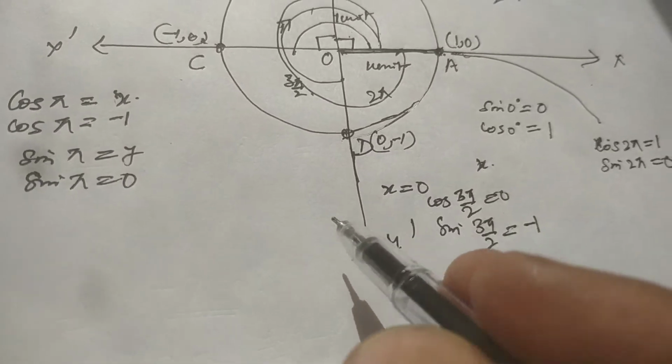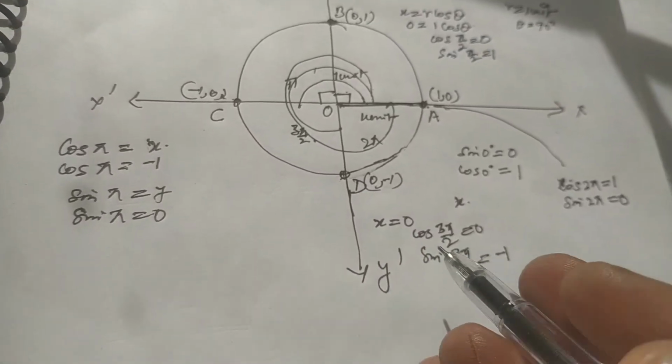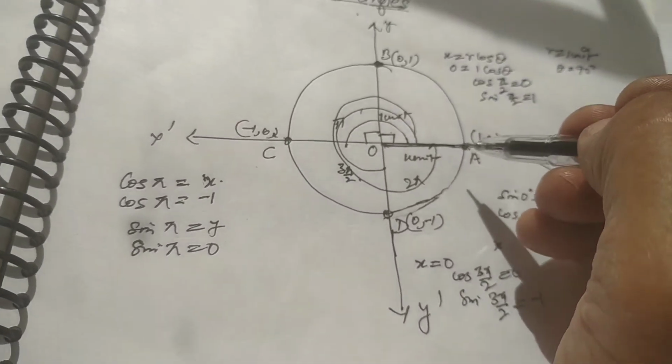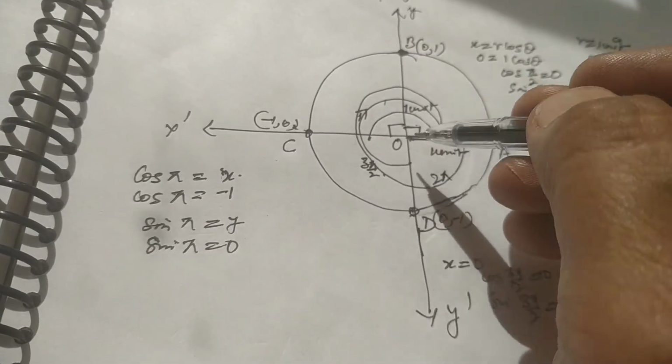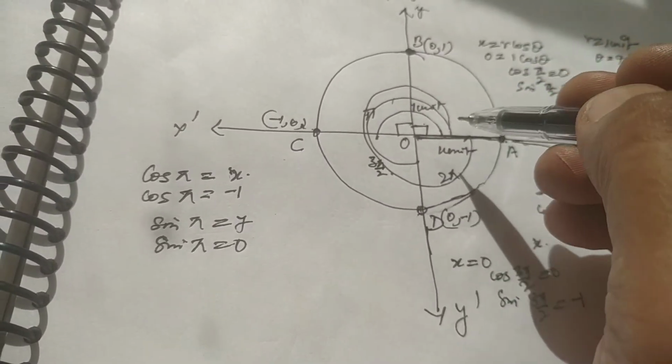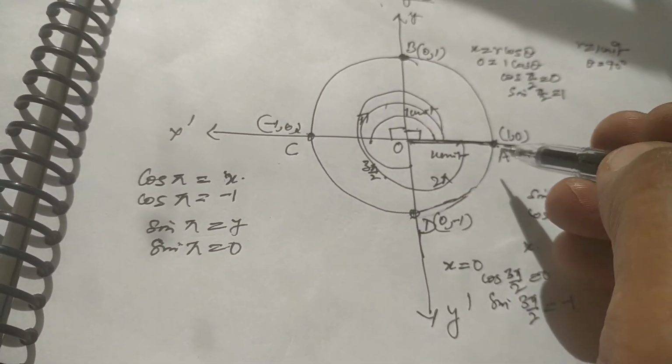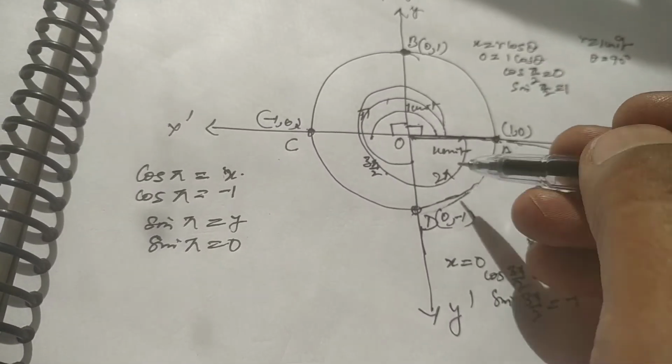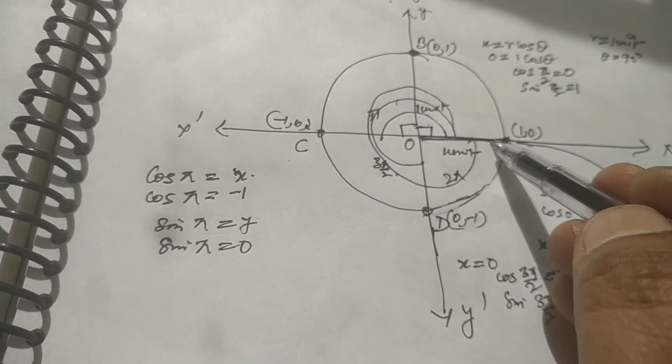Now earlier we moved in the anti-clockwise direction. Now we are going to move in the clockwise direction, which gives negative angles. At 0, cos 0 is 1 and sine 0 is 0.